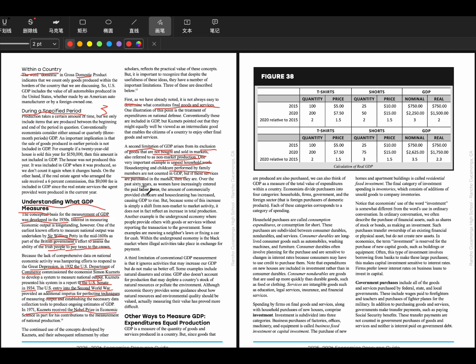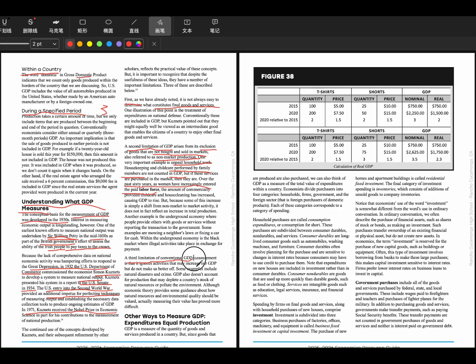And here we have to note that in the past 60 years, women have increasingly entered the paid workforce, which could be a reason why our GDP is rising a lot when our domestic household service is dropping, as this statement is suggesting. And the next one is the final limitation.